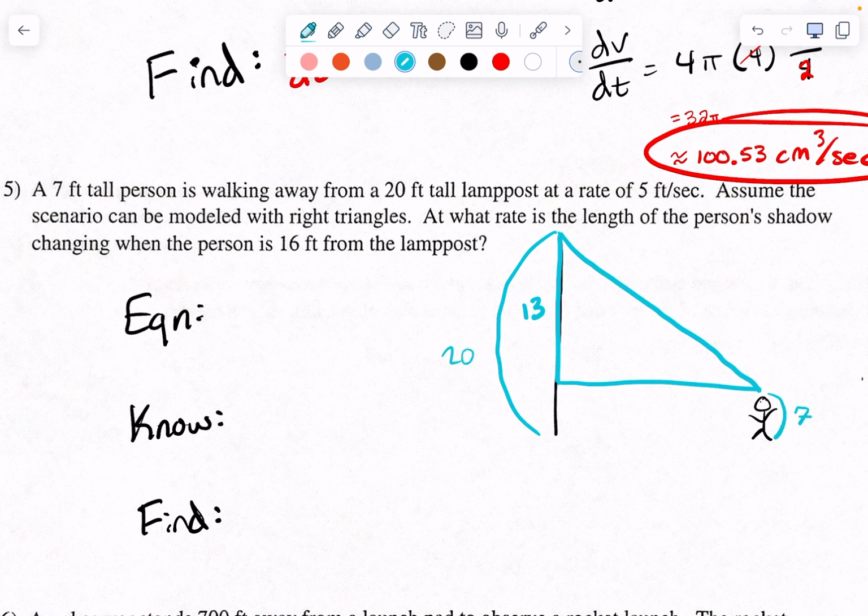So 13 is this length right here. Will that 13 stay 13 no matter what as I'm walking? Yes, so this 13 stays. I'm gonna put a square around it. So we don't have to call it A. We can go ahead and plug in 13. At a rate of 5 feet per second, they're walking this way.